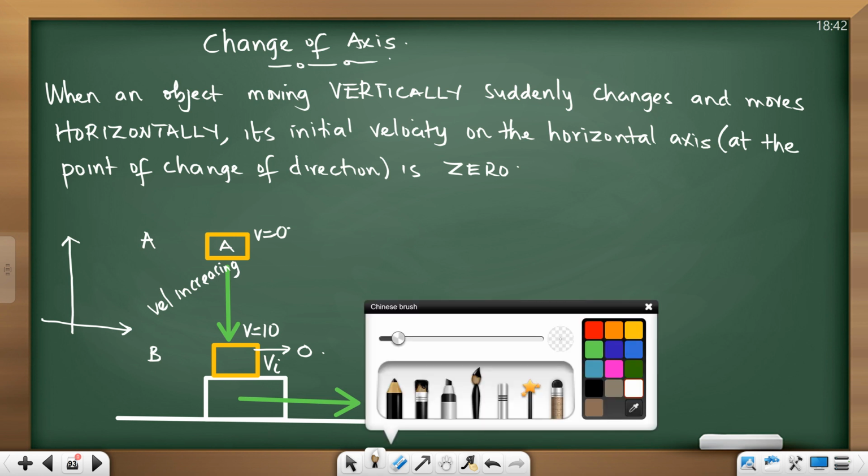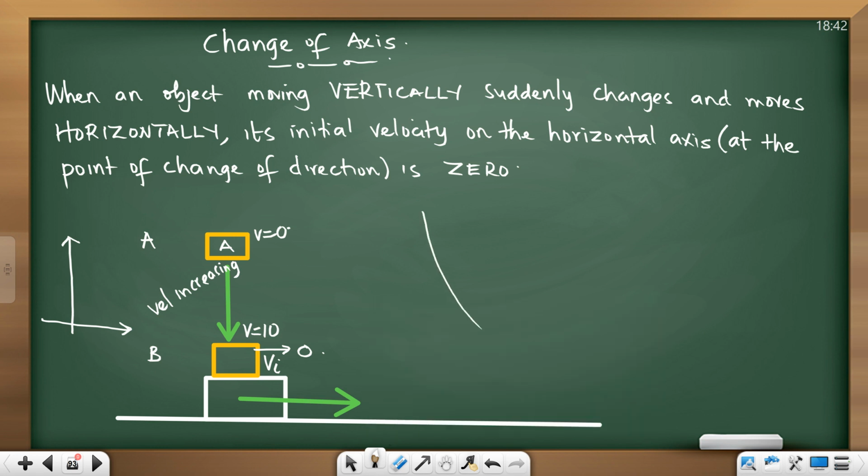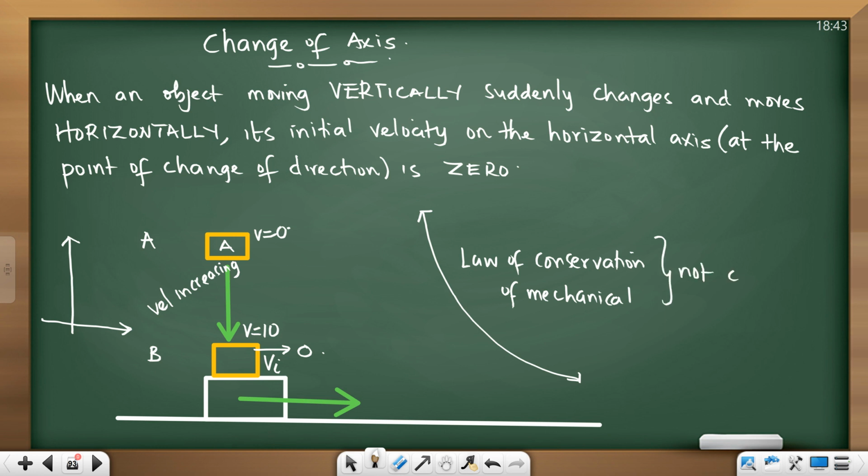However, do you notice we did not change from vertical to horizontal? We were using, it was a curve, the questions we answered. Here, you will use the law of conservation of mechanical energy. Here, the object is not changing axis because it wasn't moving vertically.